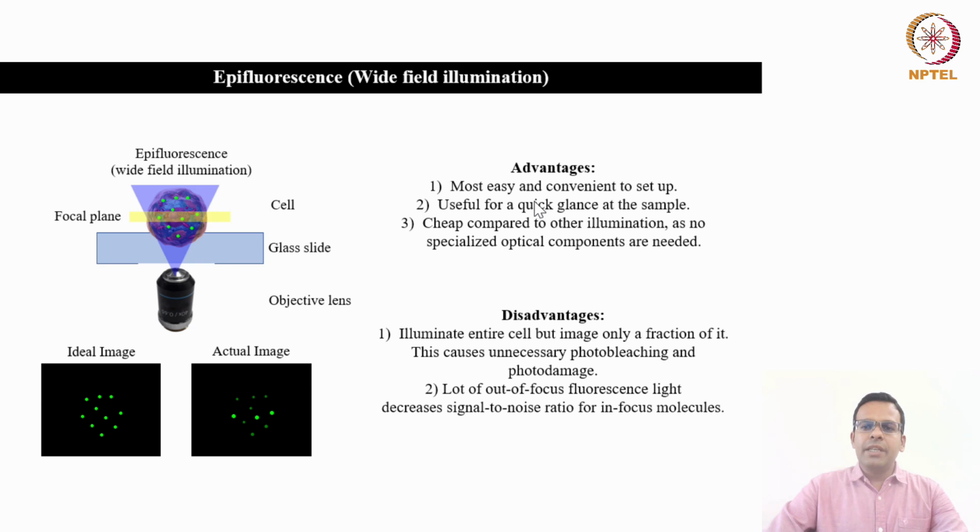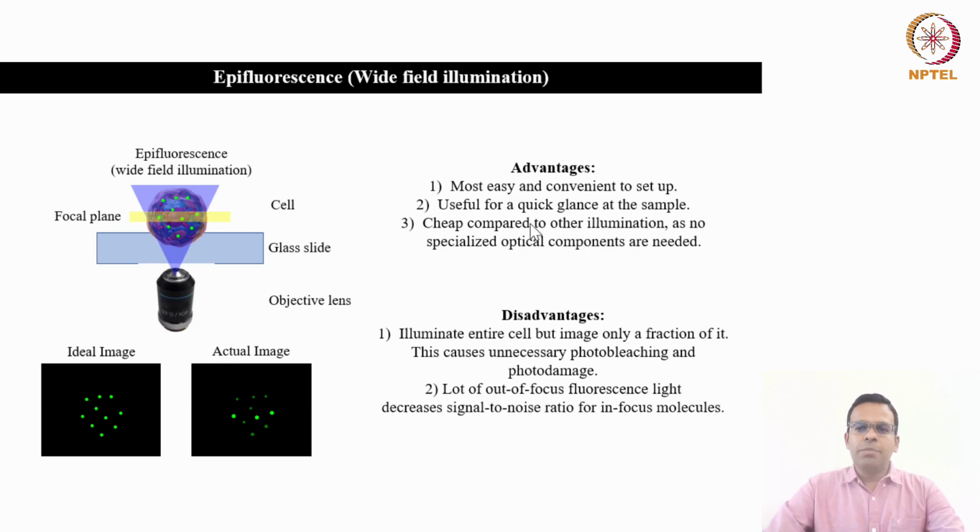It is most easy and convenient to set up. Most of the microscopes work under this epi illumination mode. So this illumination mode is useful for a quick glance at the sample. So let's say you have transfected some cells and you just want to check whether the GFP protein has expressed or not. You can immediately go to the epifluorescence microscope and check whether the GFP expression is there or not.